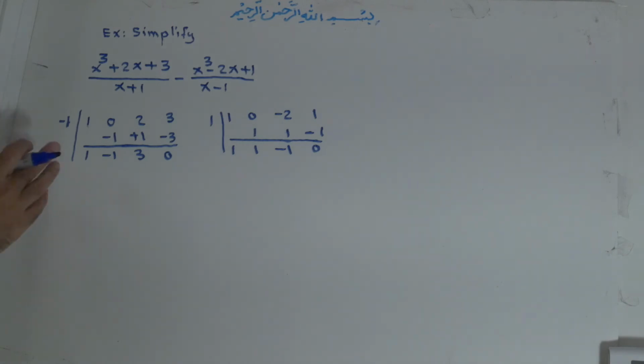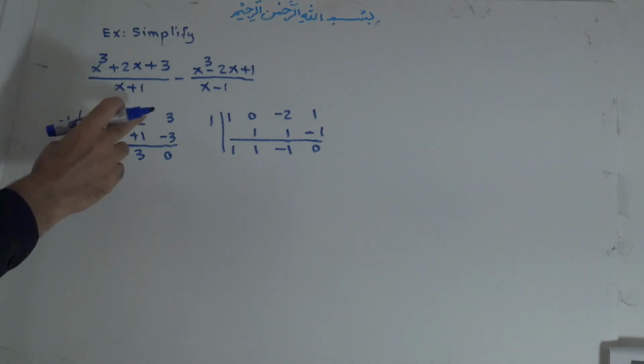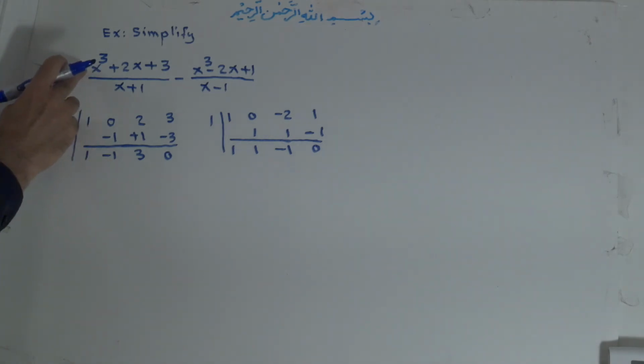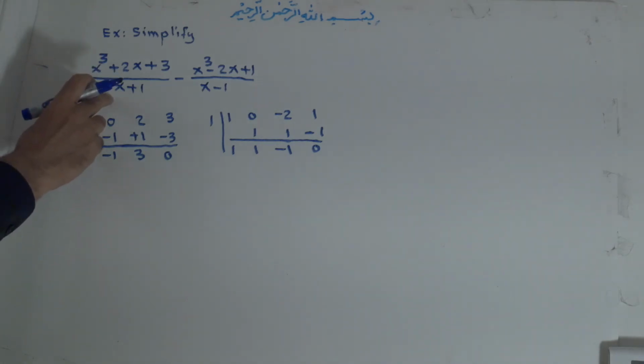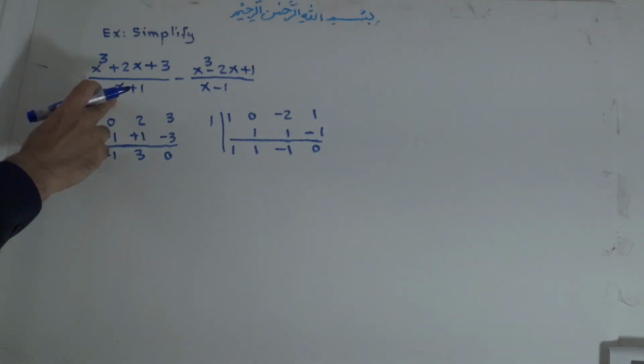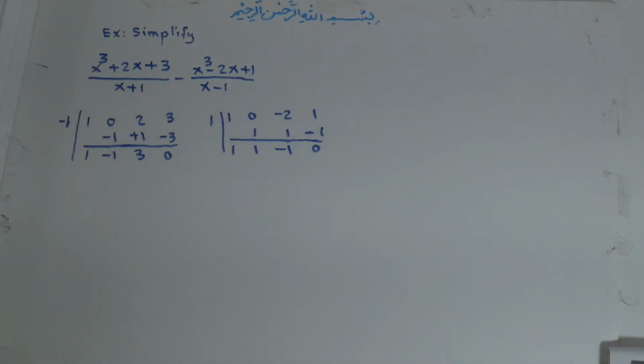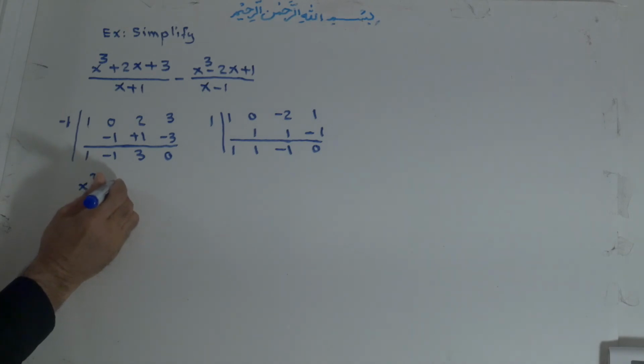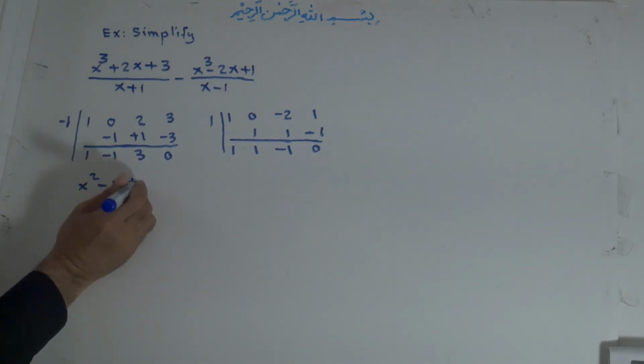Now what we do? This one divided by this one gives this result. The power of the result is 3 minus the power of the denominator, 1, so 3 minus 1 is 2. It means 1 times x to the power of 2, minus 1 times x to the power of 1, and plus 3.